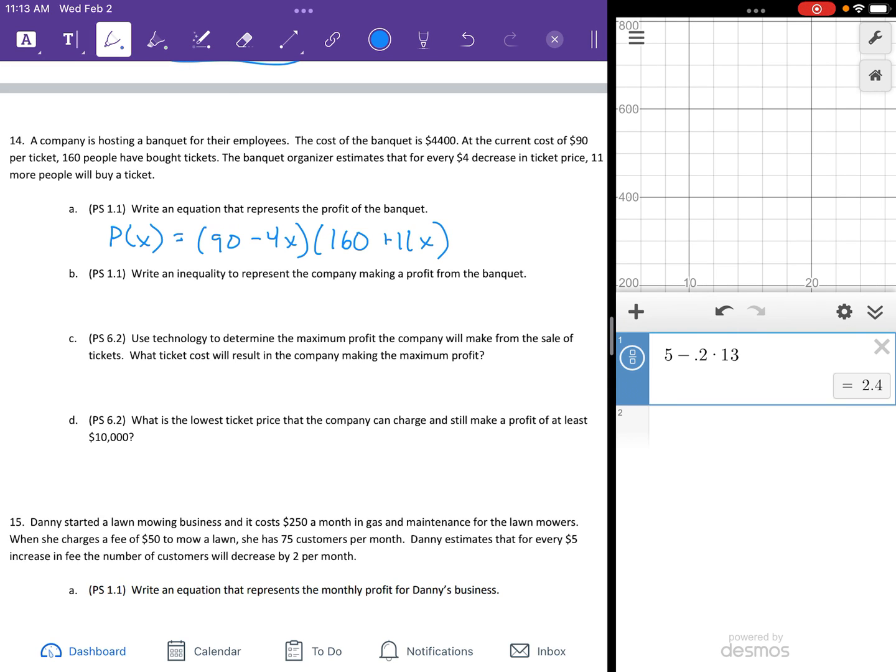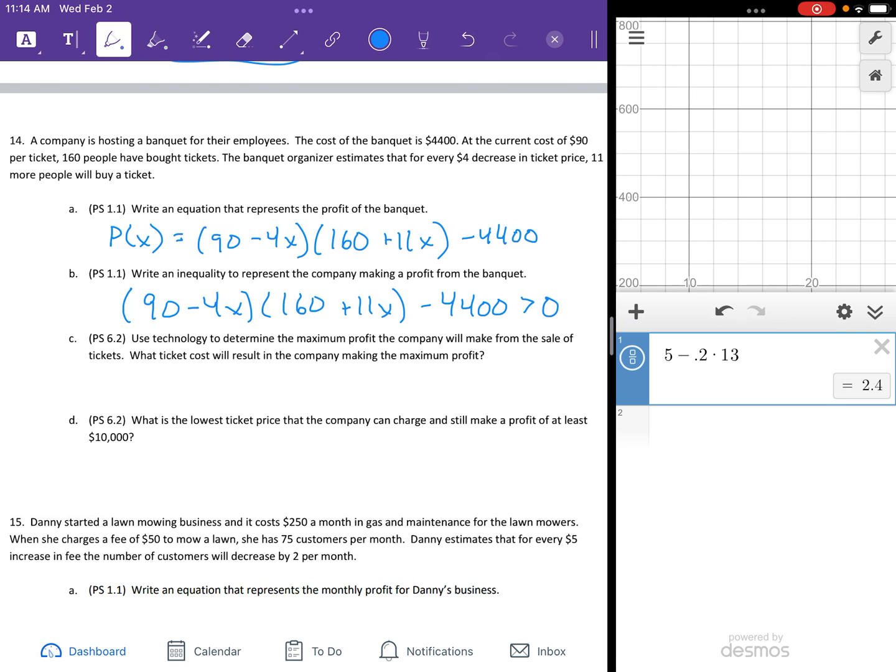So plus 11x. The cost of the banquet is $4,400. There we go. Again, the easiest question on the test if you got part A. Rewrite part A. And make it greater than 0.